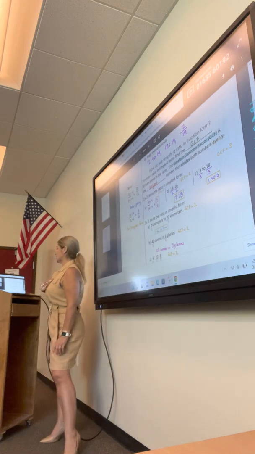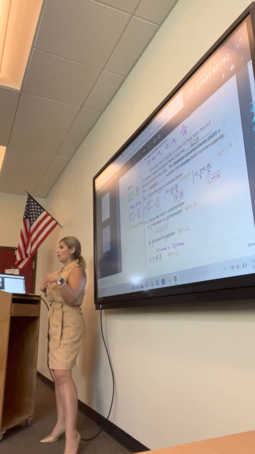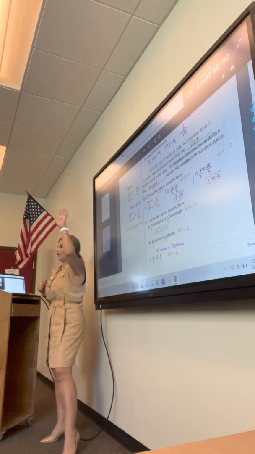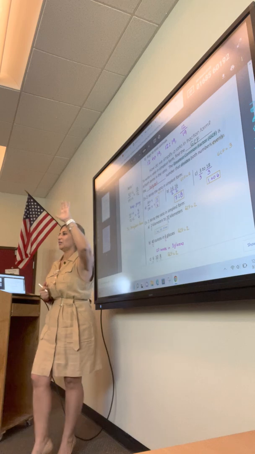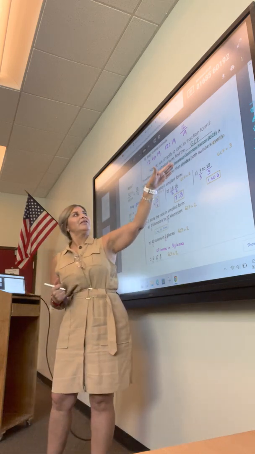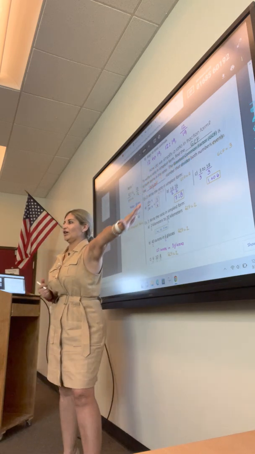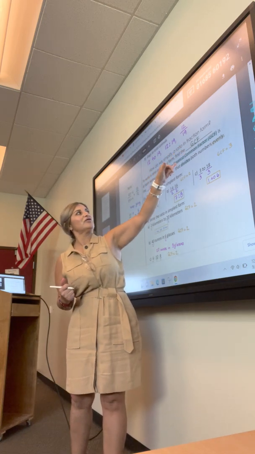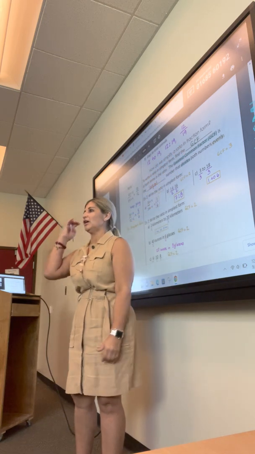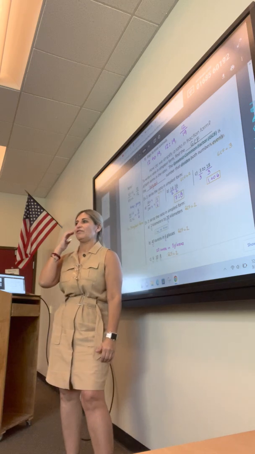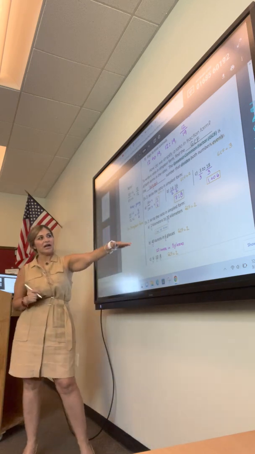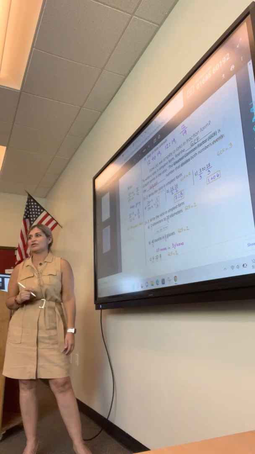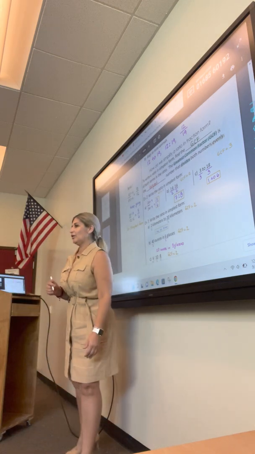Raise your hand if you want to answer. Okay, the greatest common factor. Very good, Jonathan. Jonathan knows that GCF stands for greatest common factor, okay? And we're gonna find the GCF from all these numbers right here. That's what we're doing right now.